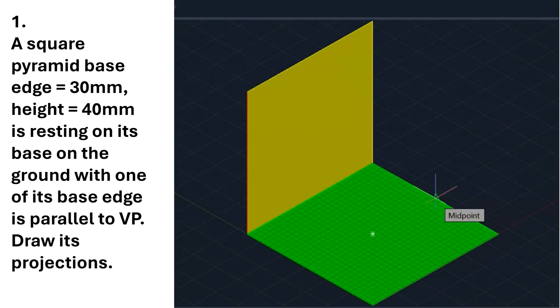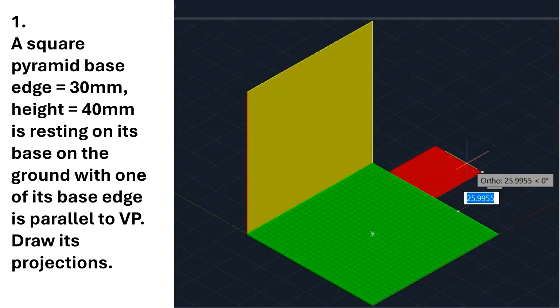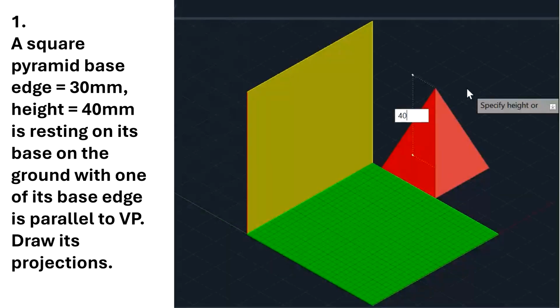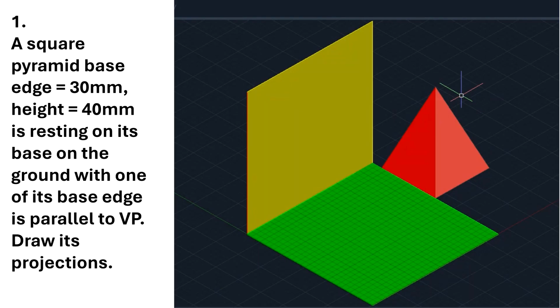So as a reference, I am taking this point. I know the edge length is 30 mm and the height is 40 mm, so I draw the solid.